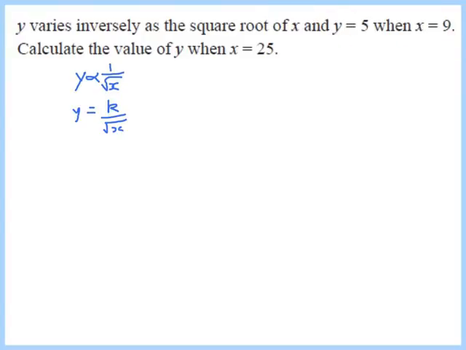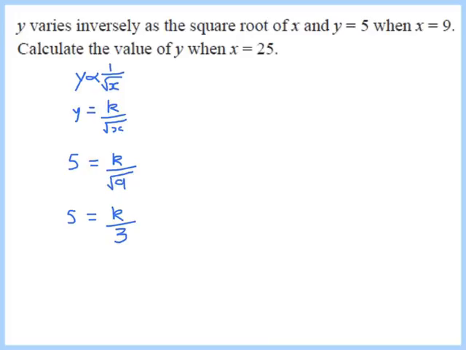When y is 5, so put that in there, y is 5 and x is 9, so I've got k over the square root of 9. I know what that is. The square root of 9 is 3, so I must have 5 equals k over 3.